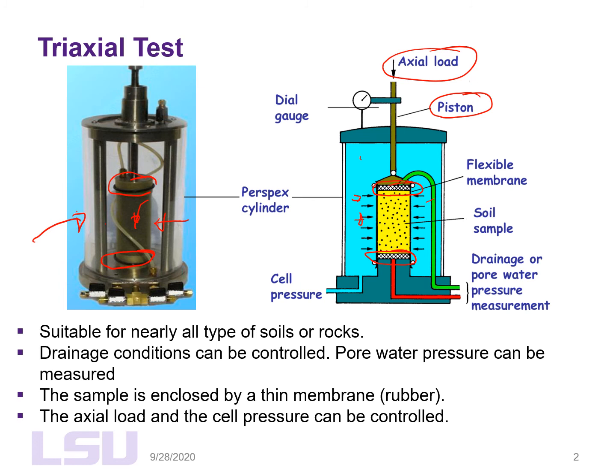And I should point out that this test actually controls confining stress, and you will think this is S3 being applied on the sample, but because the confining pressure is applied on the core in all dimensions, what you actually measure with the gauge, or what you read off from the equipment, is the differential stress.